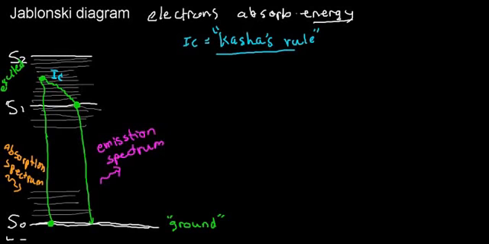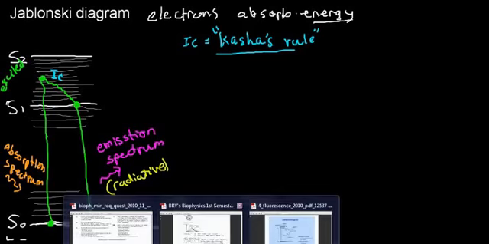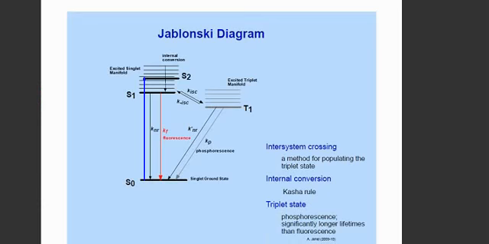And it's important to understand that this emission of a photon is called radiative relaxation. And just so you know what I'm talking about, this is referred to as KF. This is K fluorescence. This is the relaxation as far as fluorescence.